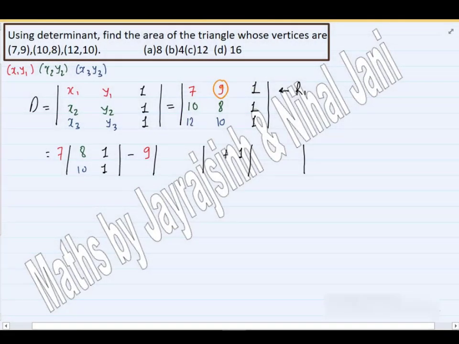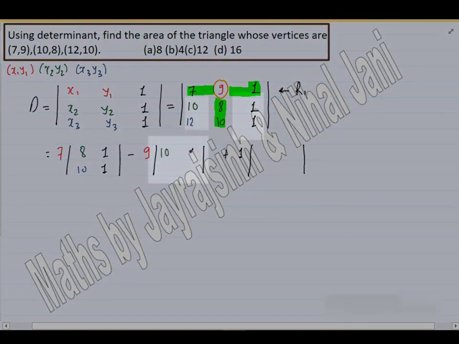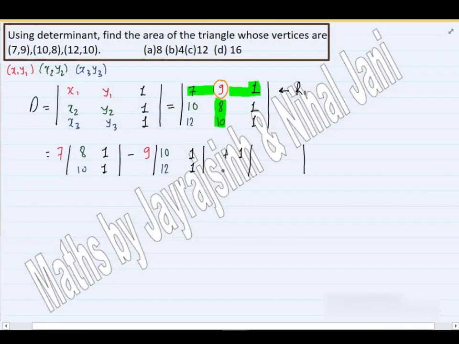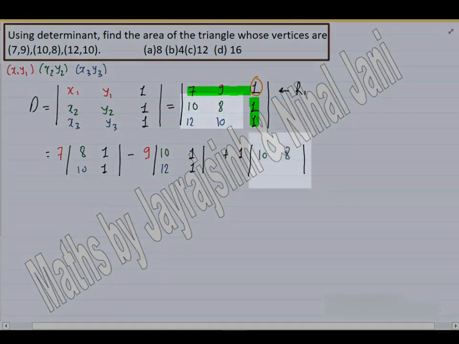Now the second one will be obtained by ignoring first row and second column. So it will be 10 1, 12 1. The last one will be obtained by ignoring first row and last column. So it will be 10 8 and 12 10.